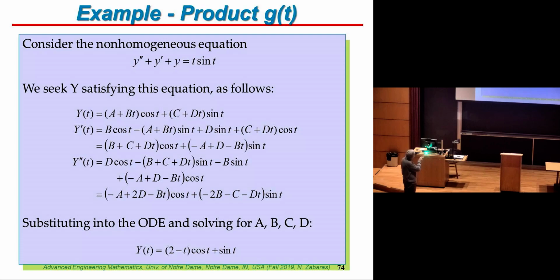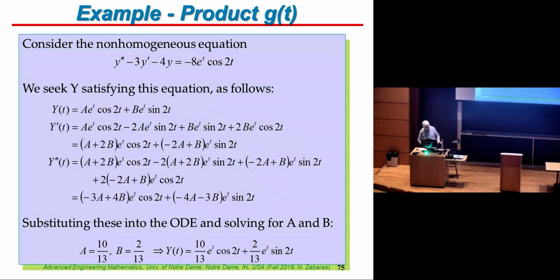If you plug it in and match the sines and cosines and the t times sines and the t times cosines, and you should do this algebra by hand to verify that you can do it, nothing major, the solution comes out to be 2 minus t cosine of t, plus sine of t. And that's slide 74.